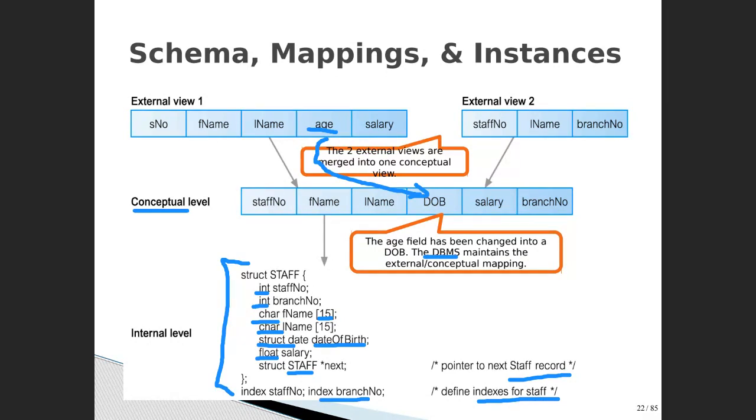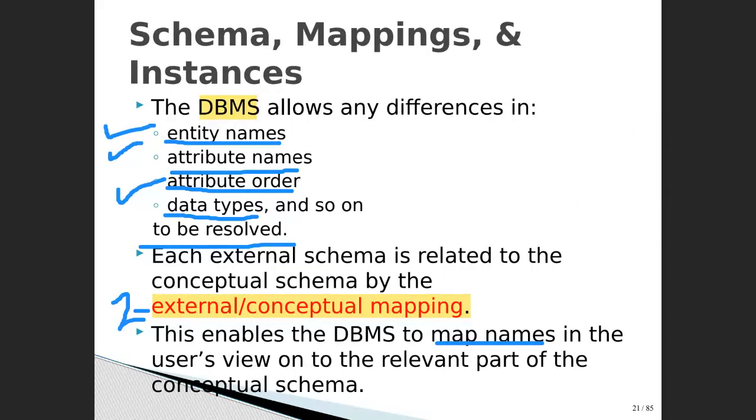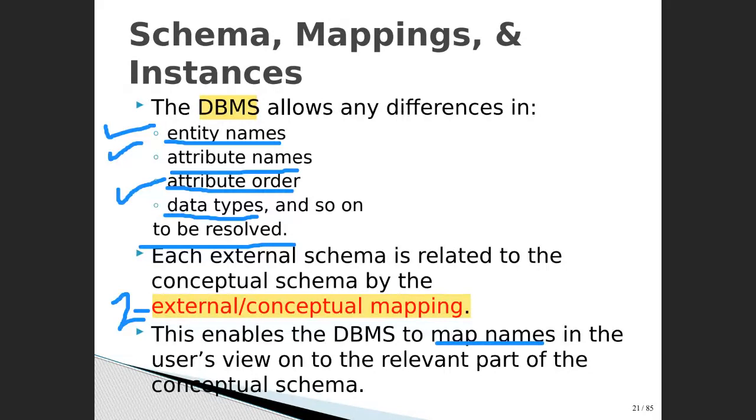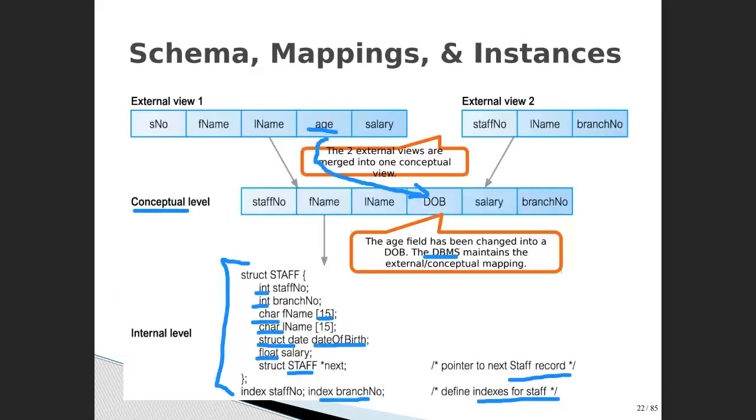How can we understand how the database management system provides mapping between these schemas? External conceptual mapping, conceptual internal mapping. As we mentioned here, conceptual internal mapping and external conceptual mapping. So this is number 1 mapping, and this is number 2.